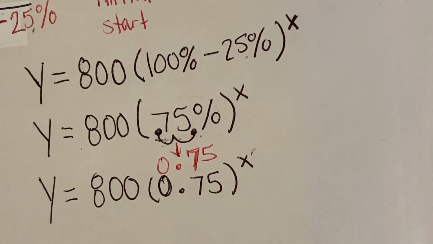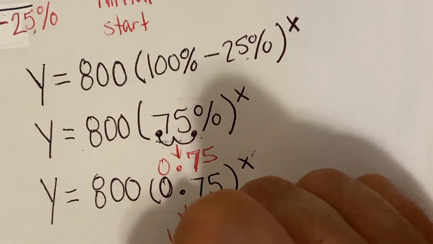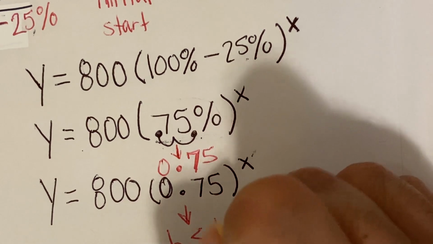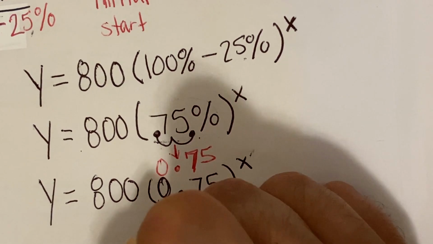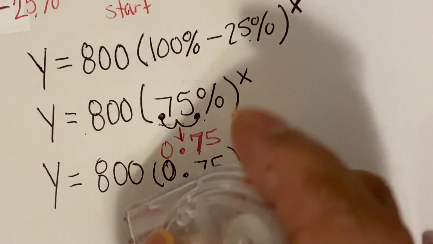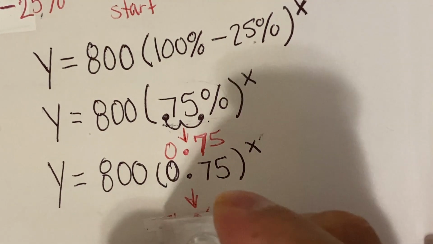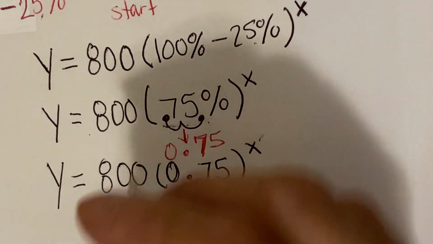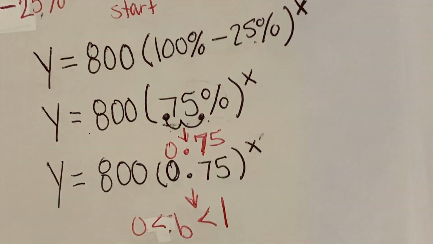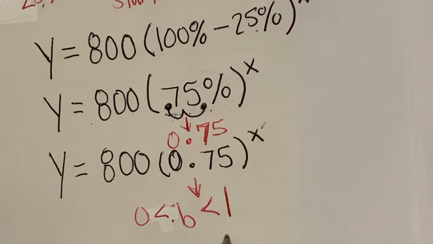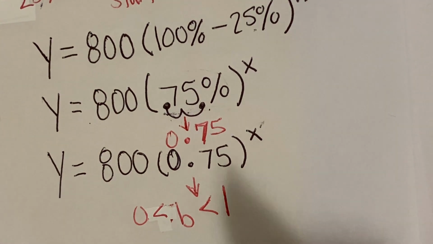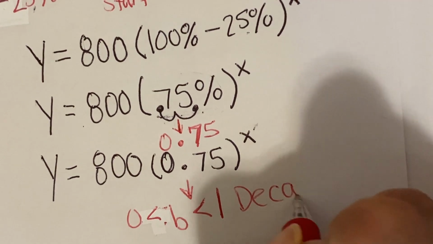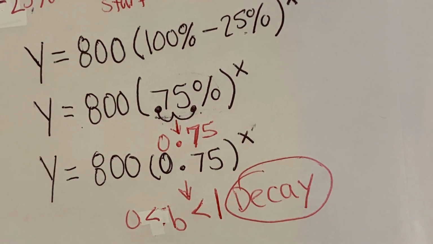So notice how our multiplier b is less than 1. And sorry, let me white that out because that's going to bother me. And it's going to be greater than 0. So our multiplier is in between 0 and 1, 0.75. And so this is an example of decay.